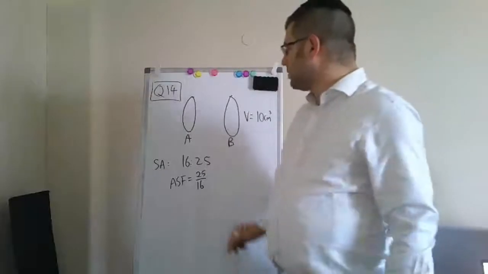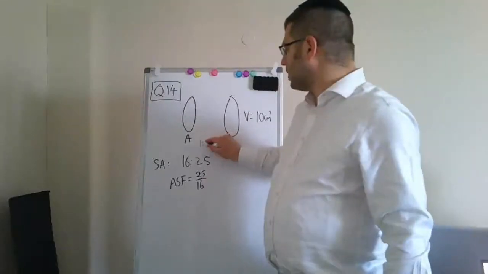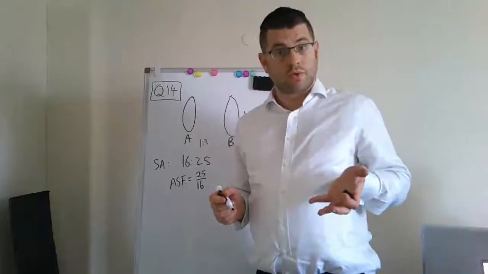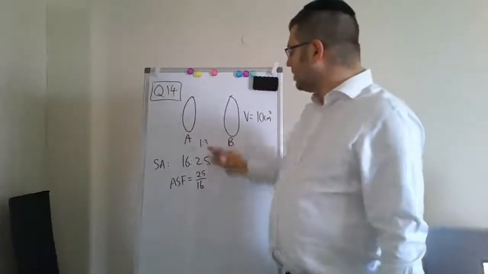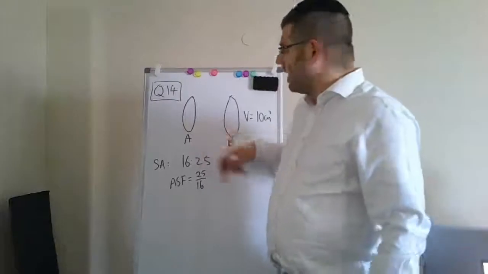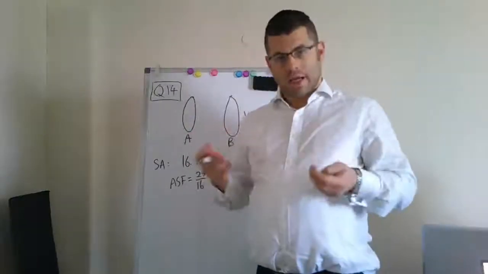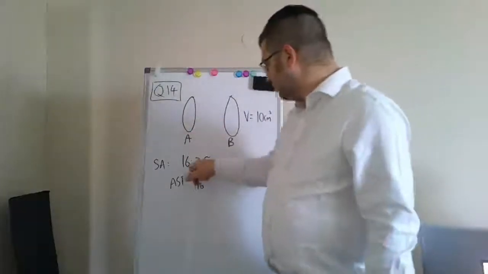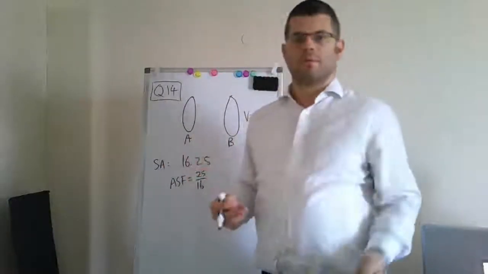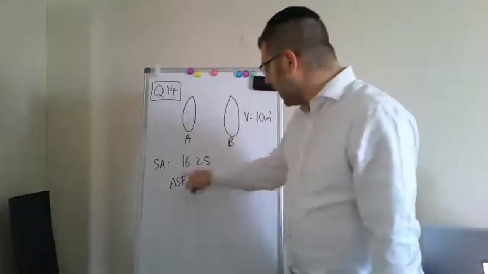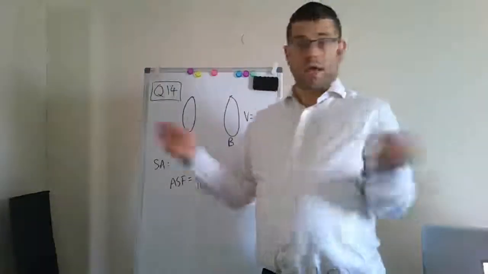If the ratio is 1 to 3, you would say the area scale factor is 3. B is 3 times as big, 3 divided by 1. So if you want to turn a ratio into a fraction, you just do the right divided by the left, going from the smaller to the bigger, which is usually the way we do things. So the area scale factor is 25 over 16.